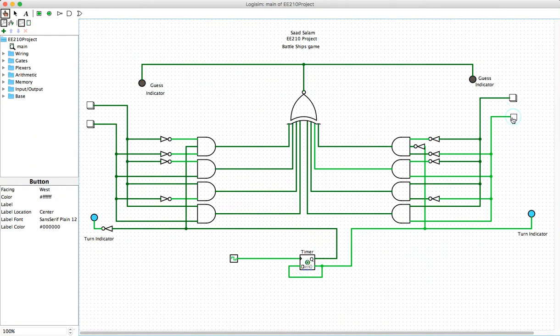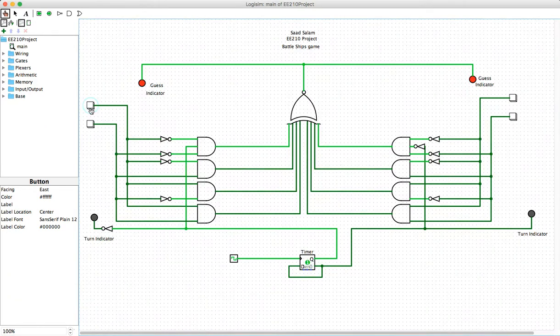While the turn indicator is on, we can make a guess and see that it comes up wrong. But while the turn indicator is off for both sides, our inputs don't affect the color of the guess indicator light. That's done because of the D flip-flop, because this is supposed to be a period in between rounds where player A sets the guess value that player B is supposed to guess, and then holds down those two buttons until player B's turn begins.